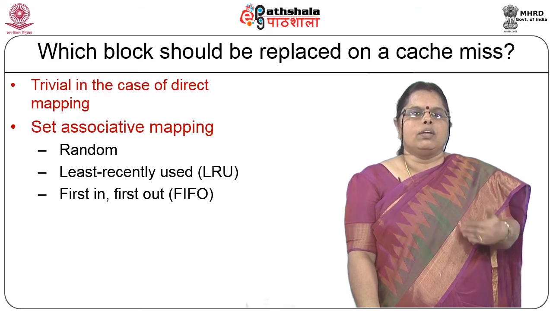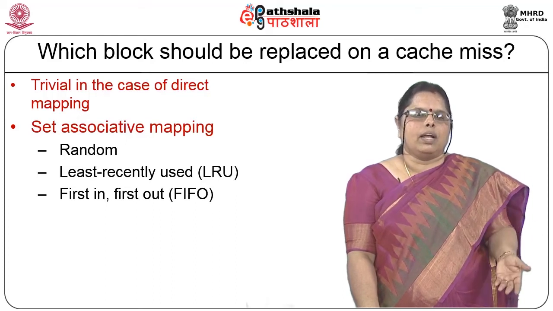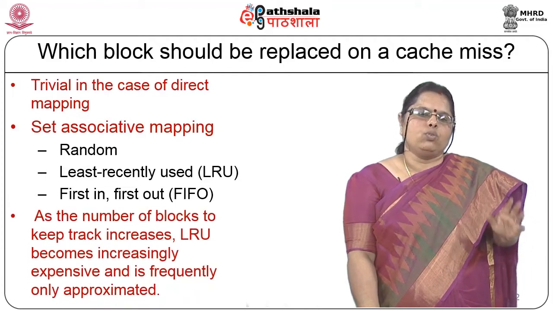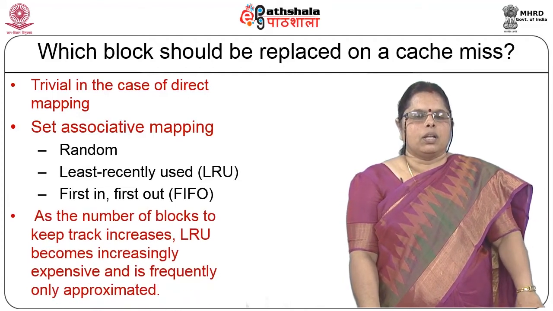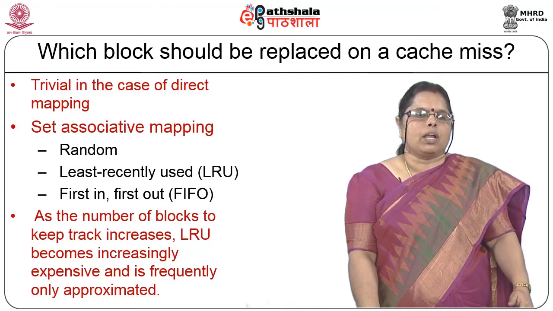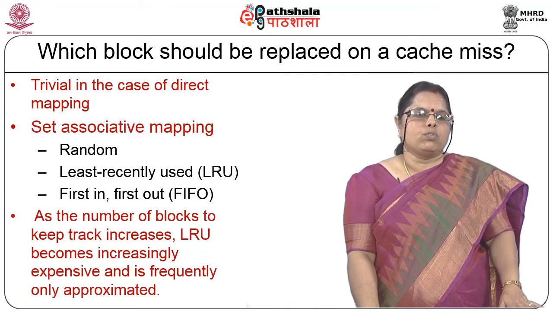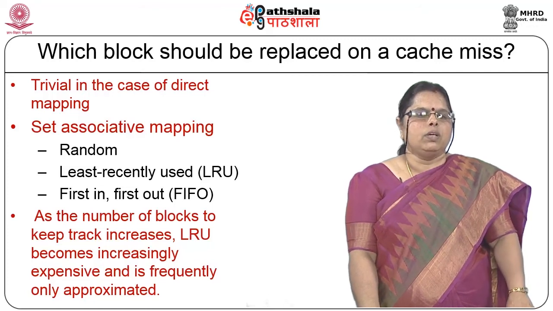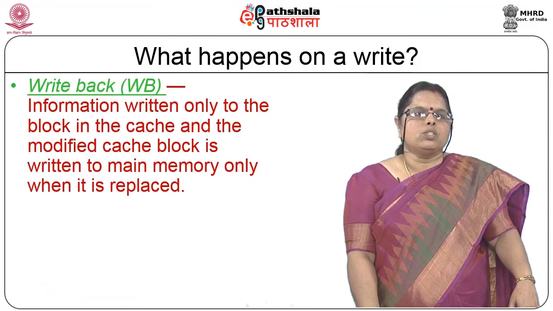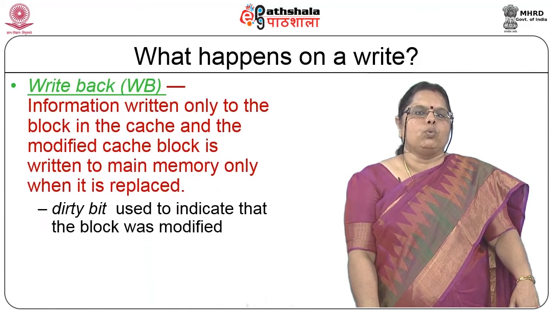So, you can look at different replacement policies like random, least recently used, or first in first out. LRU is one of the most popular replacement policies. Now, as the number of blocks to keep track of increases, LRU of course becomes increasingly expensive and is frequently only approximated.